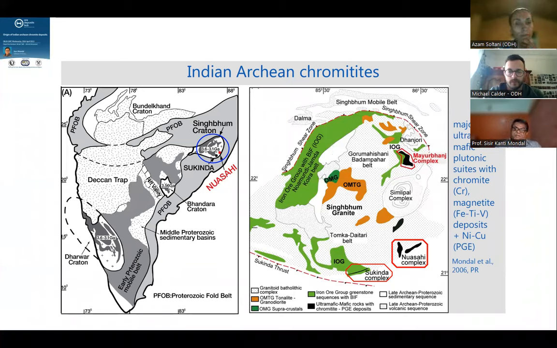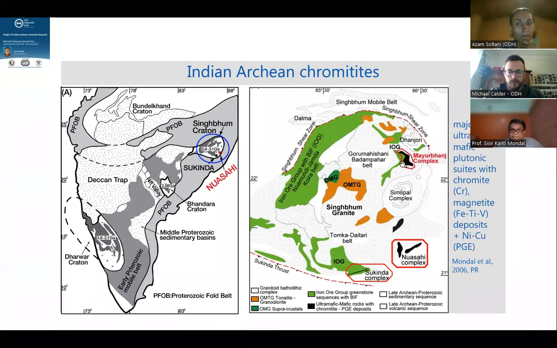And within those metavolcanics, at the lower part of the metavolcanic sequence, we have chromitiferous basaltic rock, and at the lower part, we have accumulated dunite and pyroxenite. Those are chromite bearing, and those chromites are extensively altered.